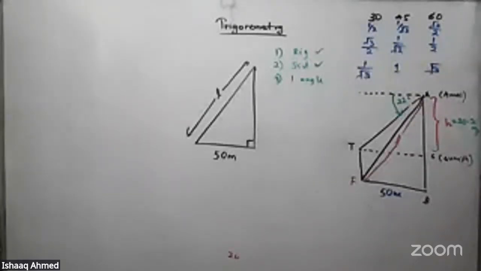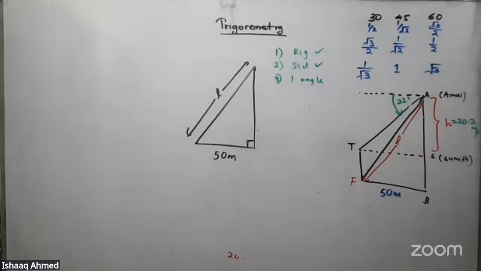Don't know. Okay, good. What else? Right. So what we need to do is, from the previous triangle that we obtained, we have to get an angle.